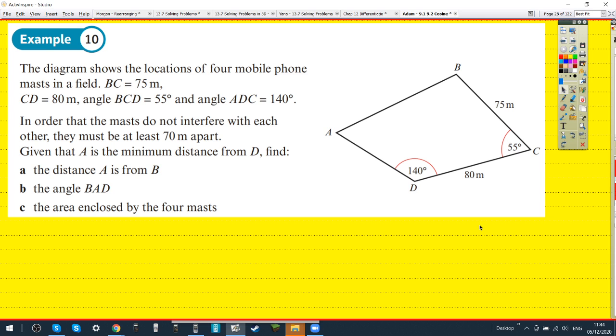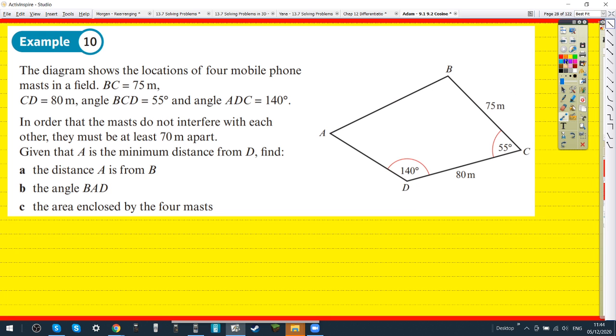So could you split it into two triangles? Which way? From B to D. But since you've split it, you don't know what that angle D is now.